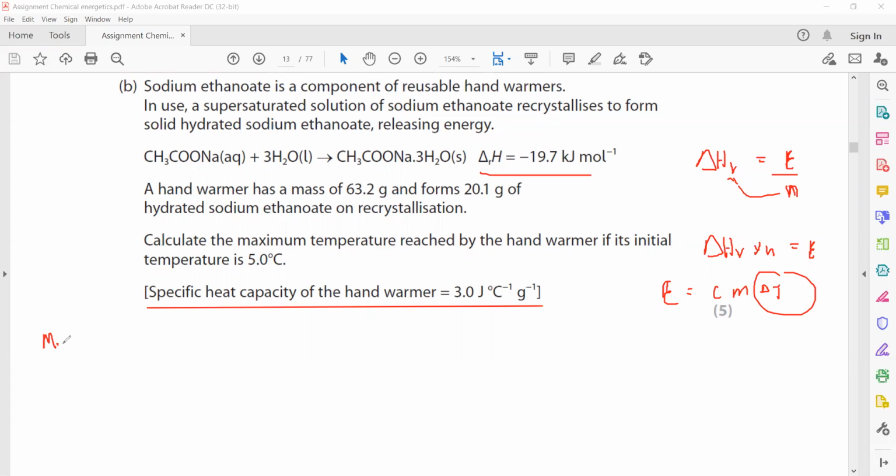So the molar mass of hydrated sodium ethanoate, CH3COONa dot 3H2O.